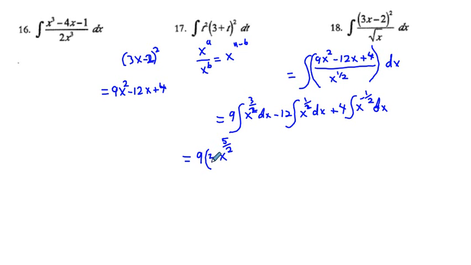So I'll put the fraction 2/5 right out front. The next one is minus 12, and x to the 1/2 plus 1 is x to the 3/2, which means we divide by 3/2, the same as multiplying by 2/3.